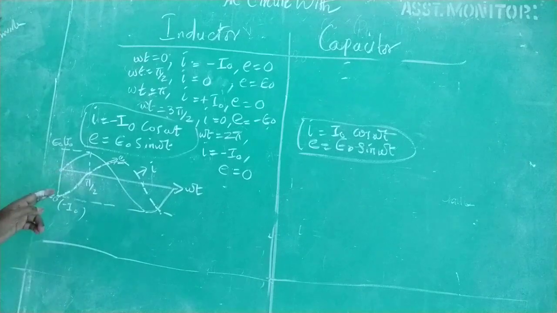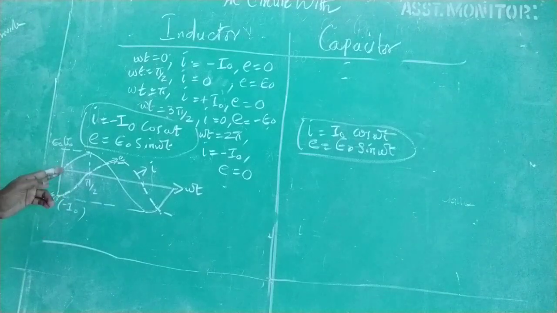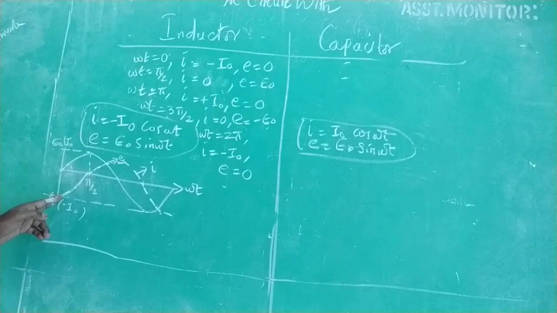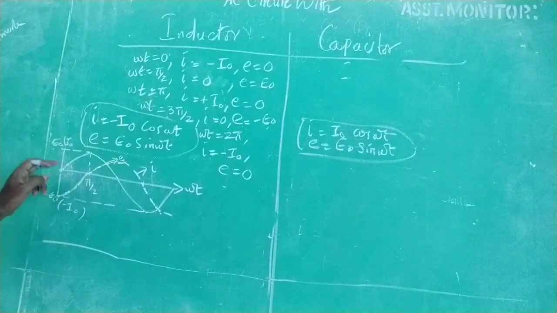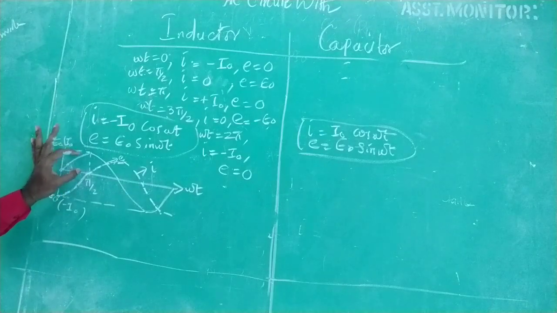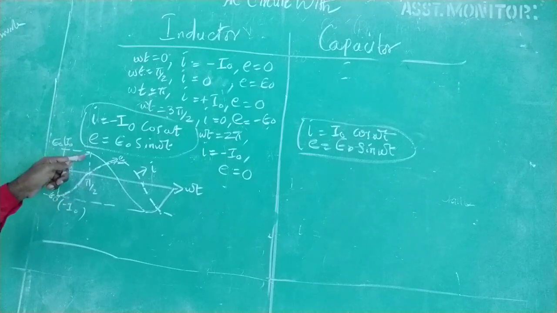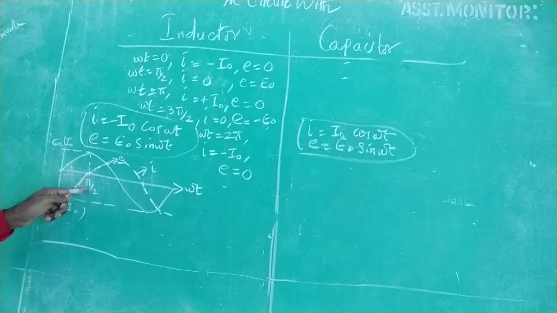So here, when omega t is equal to 0, that is theta equal to 0, E, the EMF has started earlier, but the current value is lagging behind, right? So both of them meet at a particular angle of 90 degree. But here the current is lagging behind the voltage by a phase angle of pi by 2.